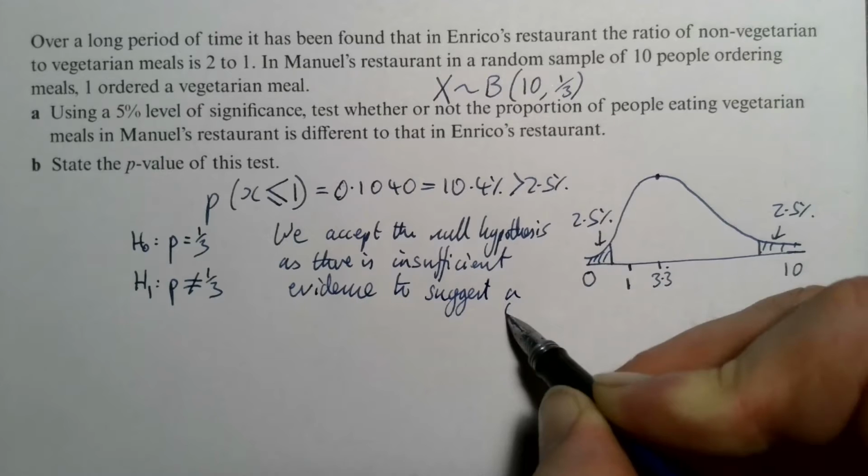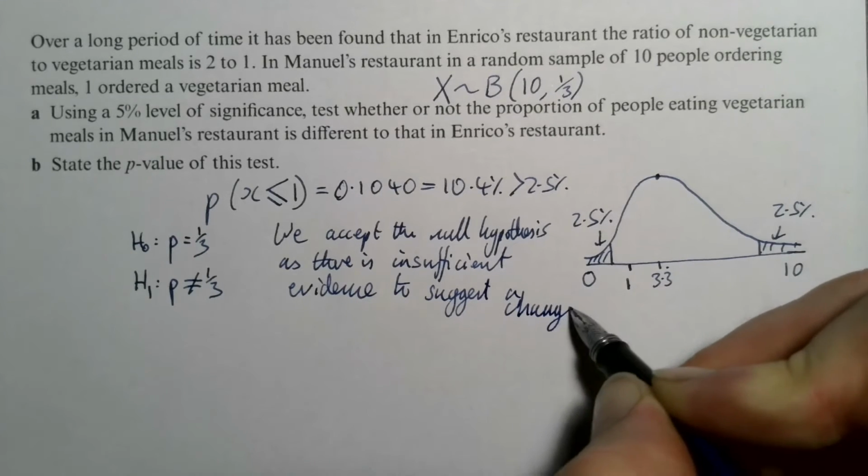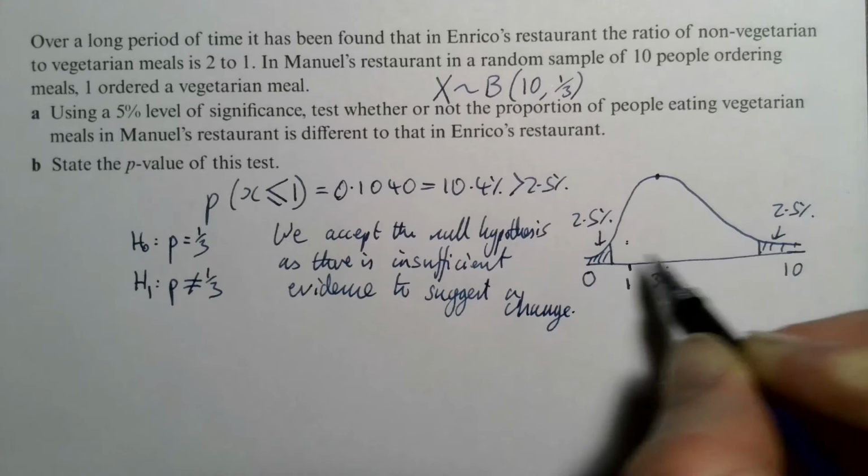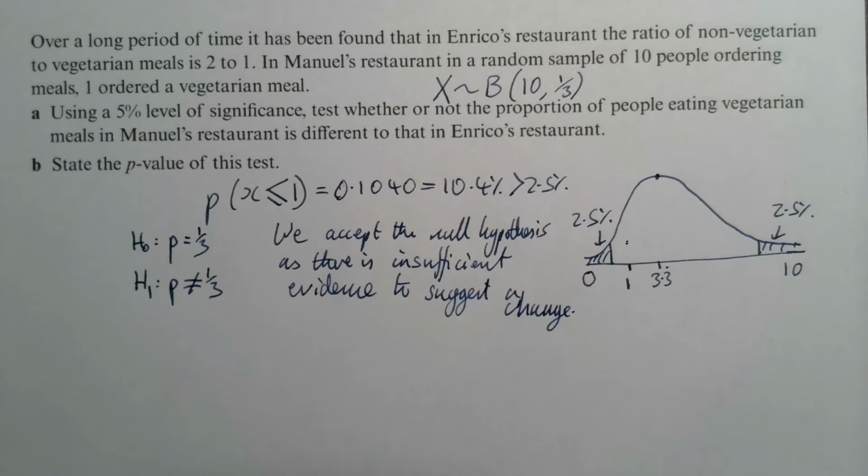And that's because 1, as a result, is somewhere in here. It's in this middle bit, which is what we're expecting to happen at that level of significance.